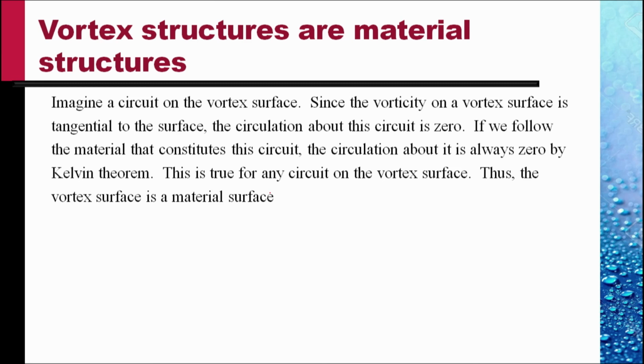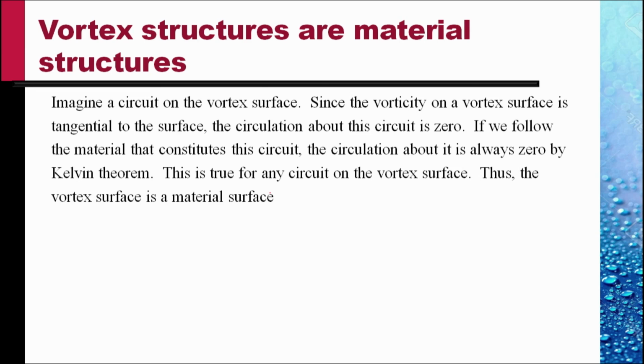This is the bound vortex, which is one arm of the closed vortex circuit behind an aircraft wing. Imagine a circuit on the vortex surface. Since the vorticity on the vortex surface is tangential to the surface, the circulation about this circuit is zero. If we follow the material that constitutes this circuit, the circulation about it is always zero by Kelvin theorem.